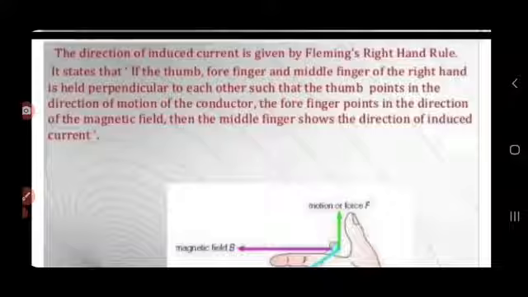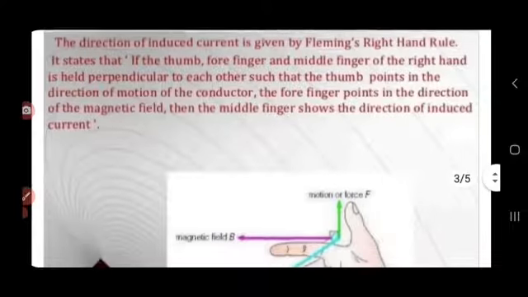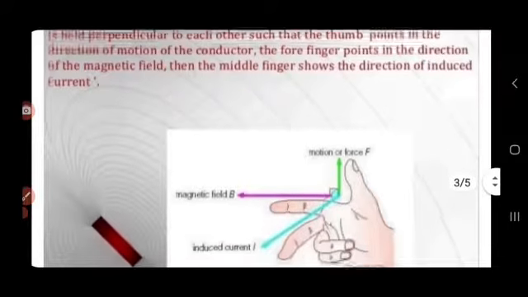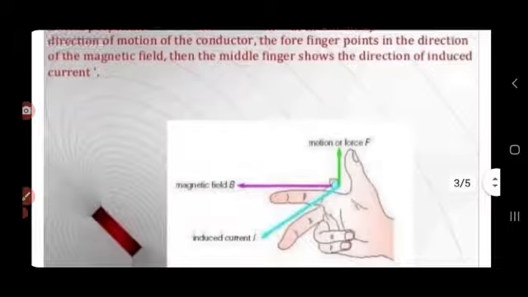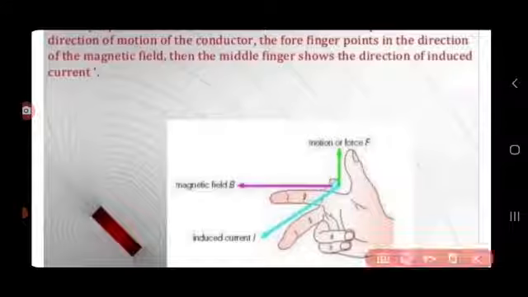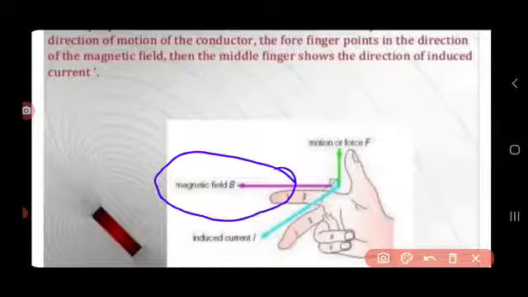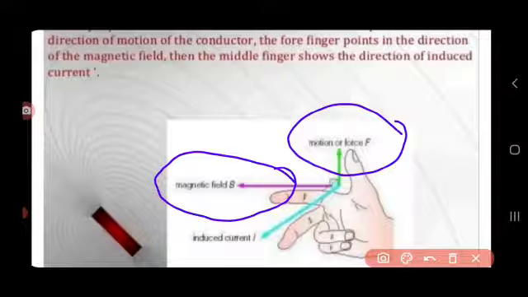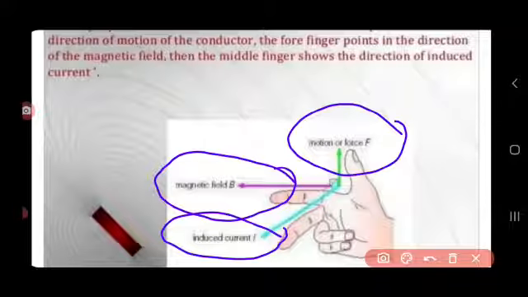I repeat, Fleming's right hand rule states that three fingers of our right hand, forefinger, middle finger and thumb, are held mutually perpendicular to each other in such a way that forefinger indicates the direction of magnetic field.